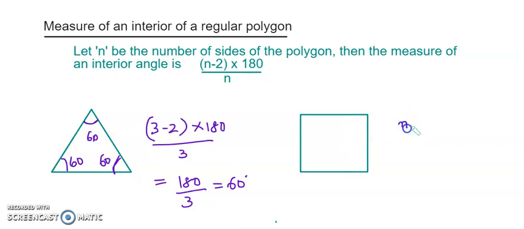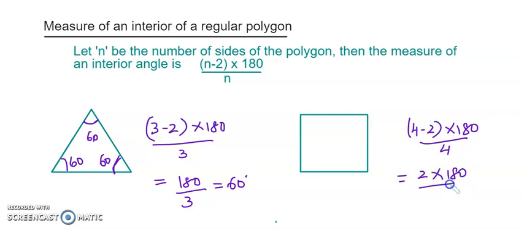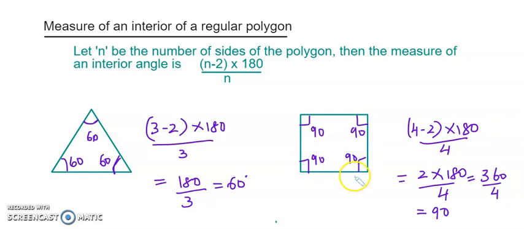Similarly, for the next shape, it's a quadrilateral. So it's four-sided, right? So 4 minus 2 multiplied by 180 divided by 4, which is equal to what? 2 times 180 divided by 4, which is 360 divided by 4. That gives me 90. And we know that all the angles of the square are 90, right? And square is a regular polygon, right?